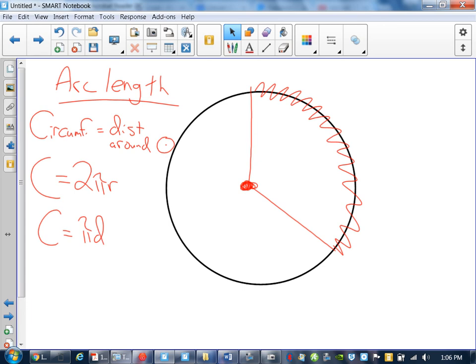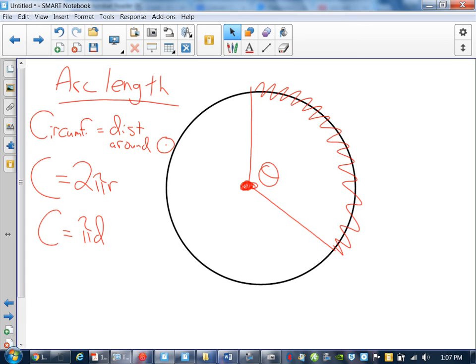Now, the arc length being a portion of a circle, what you needed to figure out then is how much of this circle was created. Well, that portion of the circle was created by that central angle. Now, there's only 360 degrees in a circle to start with. So all you have to do then is figure out, well, hey, I'm just using so much of the circle. Well, I'm using 20 degrees of the circle. So 20 degrees of the circumference. You're looking at that much of it.